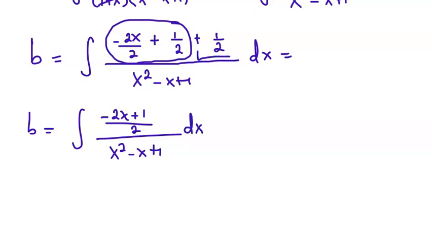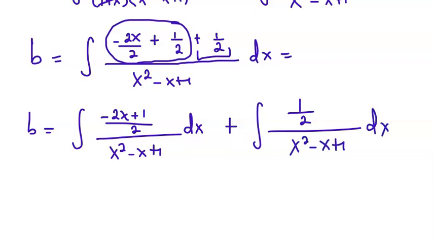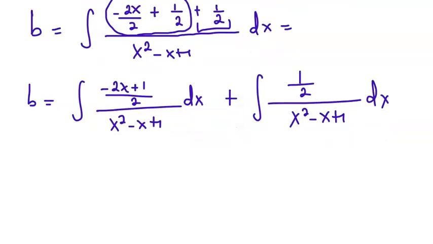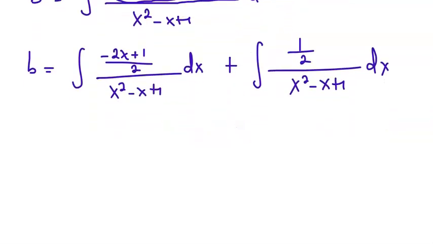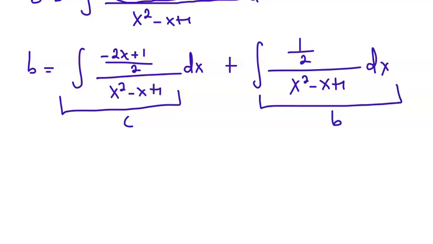For this other part, we have plus the integral of 1 over 2 divided by x squared minus x plus 1 dx. Okay, so what do we have from here? Let's call this one C, and let's call this one D.